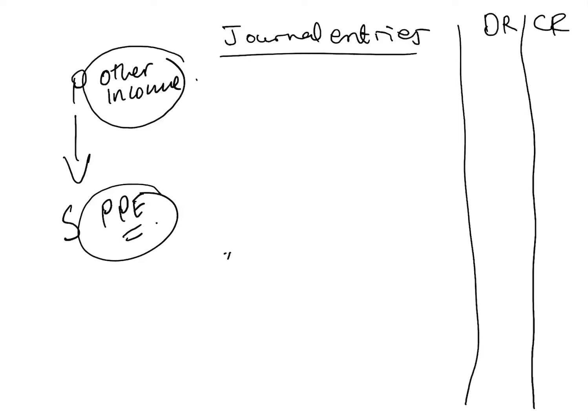So I debit other income, because other income has got a credit balance, so you're going to debit it. Then PPE is an asset, so to reverse it, you're going to credit property, plant, and equipment. So that is my journal number 1.